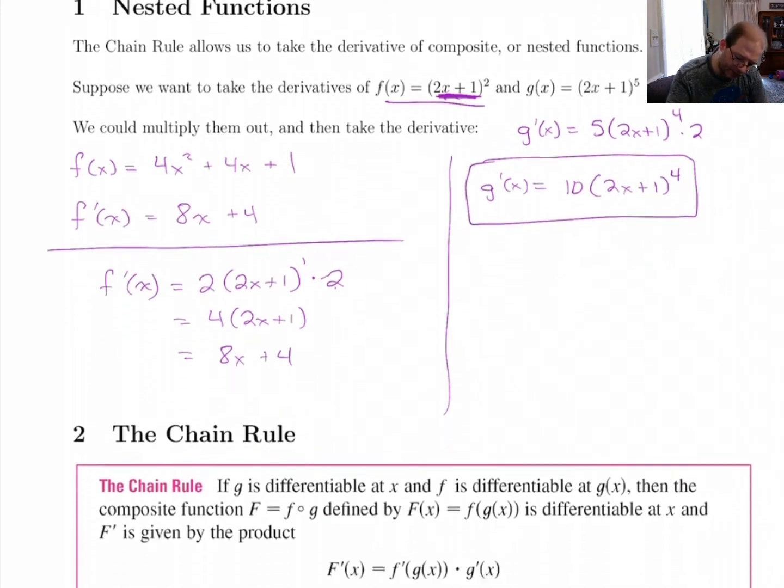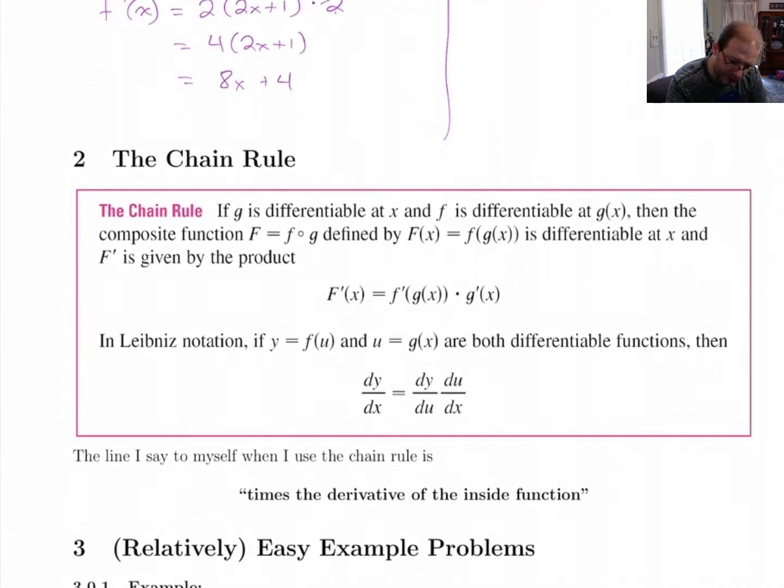Let's look at the actual statement of the chain rule. This says if g is differentiable at x and f is differentiable at g of x, then this composite function here, where f is the outside function and g is the inside function, is differentiable at x, and the derivative is given by this: f prime of g of x times g prime of x.